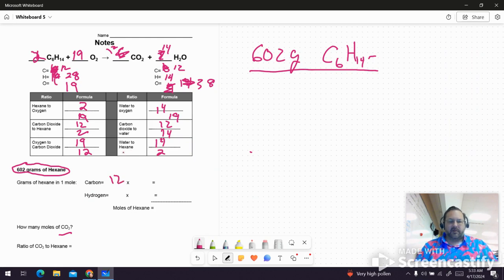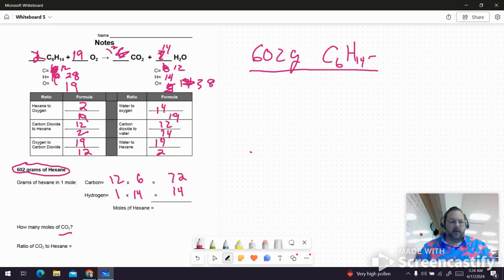How many carbons do I have in each molecule? I have 6, right? 6 times 12 is 72. Hydrogen is 1. How many hydrogens do we have? Go back over here, right there. We have 14. 14 times 1 is 14.